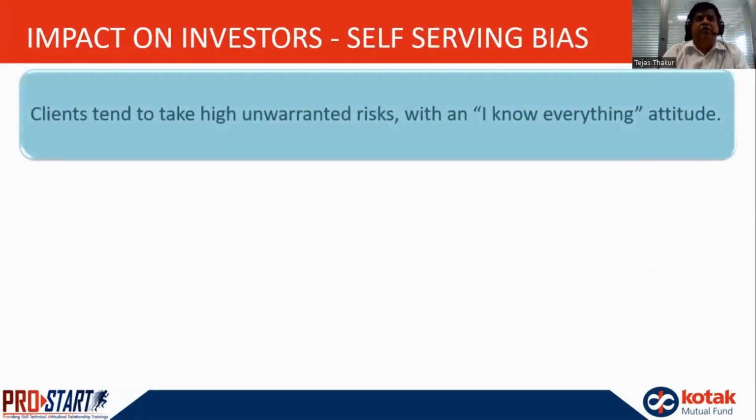The impact of self-serving bias on investors: clients tend to take unwarranted risks, very, very high and unwarranted risks. That is something known as the "I know everything" attitude. We have seen this in COVID times also. Good for us that a lot of people had a lot of time and did not know what to do in that time.